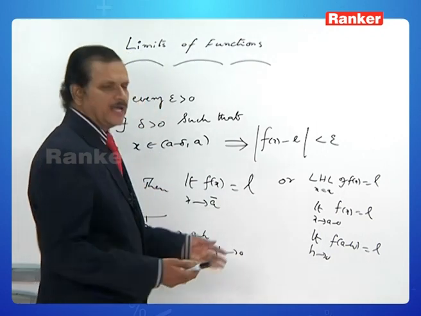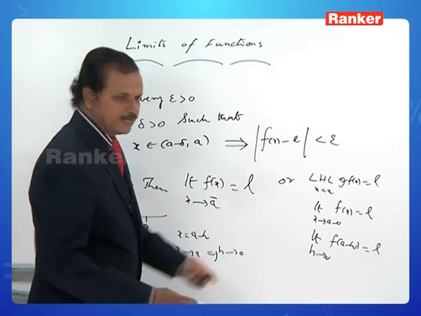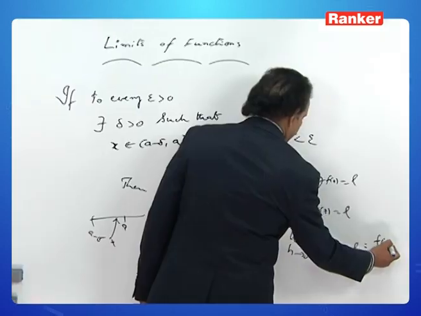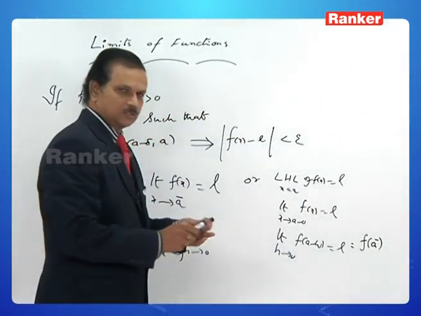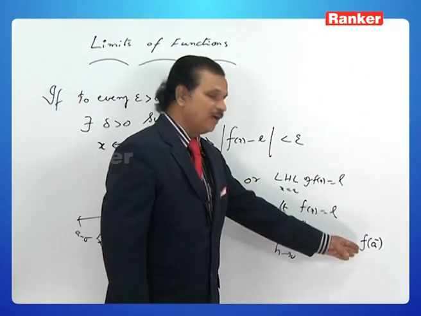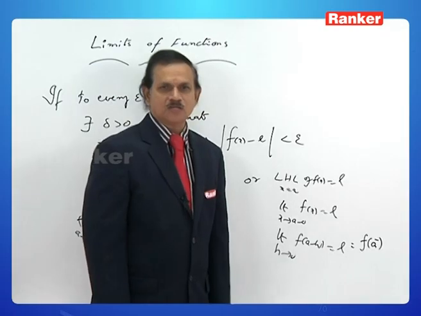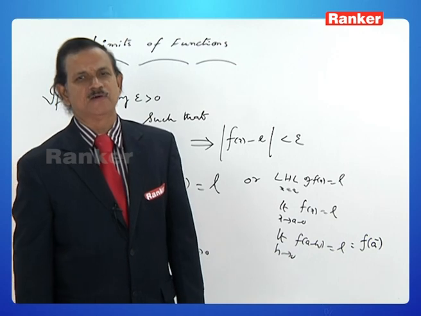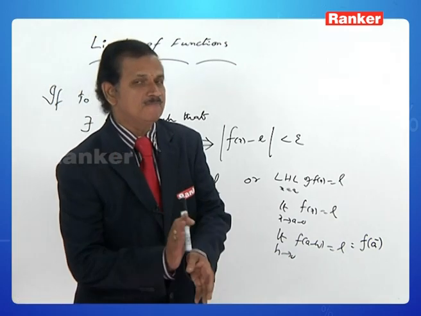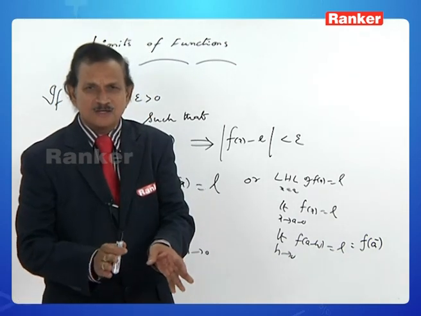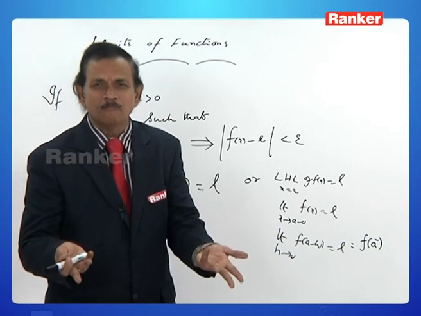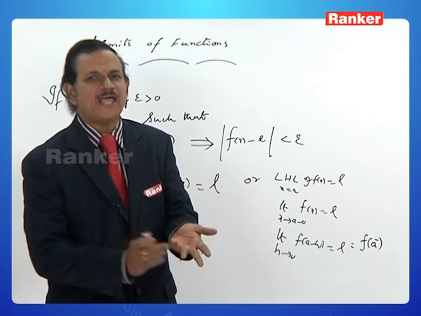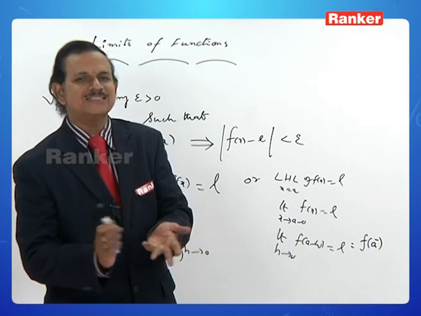Yes, there is another very brief way to represent this left hand limit. Many authors, students, and lecturers also like to use the symbol f of a from left. What does it mean? It is nothing but the left hand limit of f of x as x tends to a from left. Left means who is left to whom? x is left to a, that is, x is less than a.